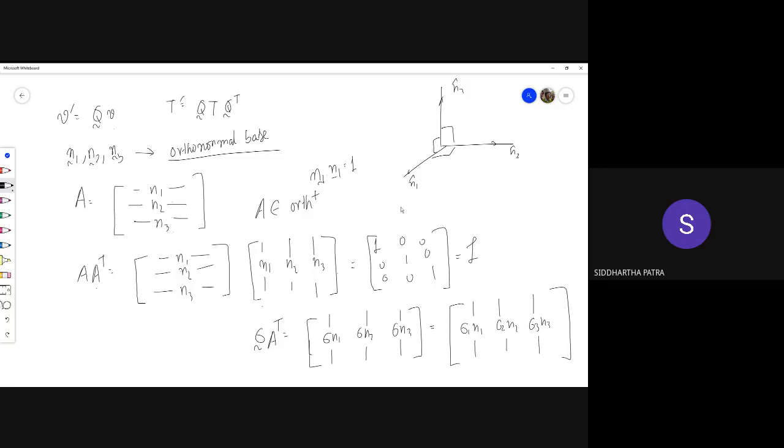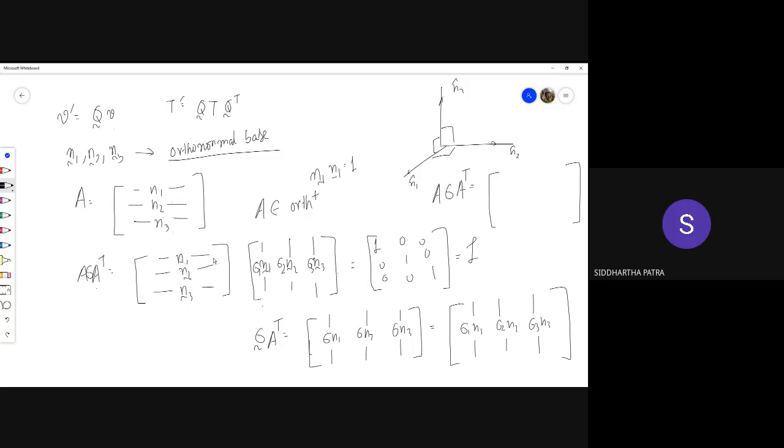Okay. Now if I multiply A with sigma A transpose, then what would we be getting? Again, this quantity would be simply, please understand, sigma 1, sigma 2, and sigma 3 are simply scalars, the eigenvalues.